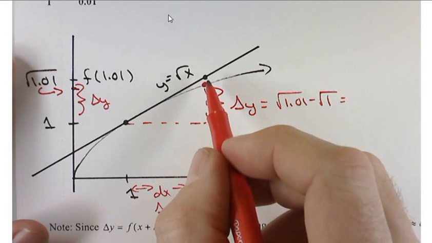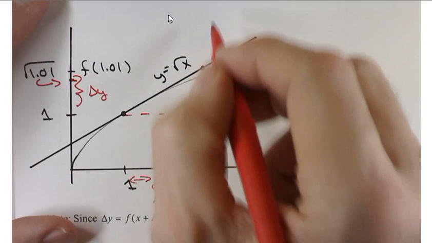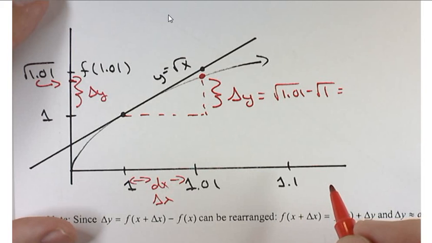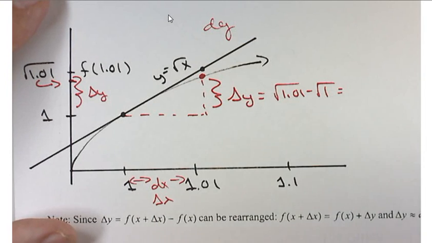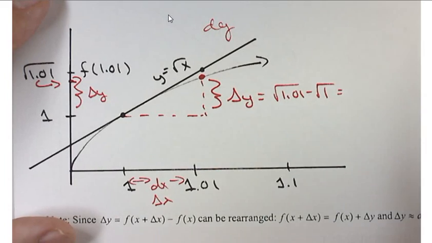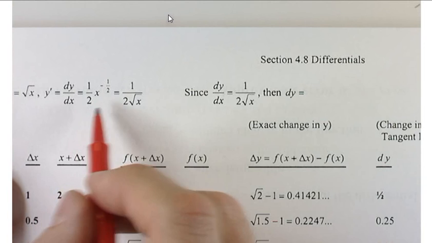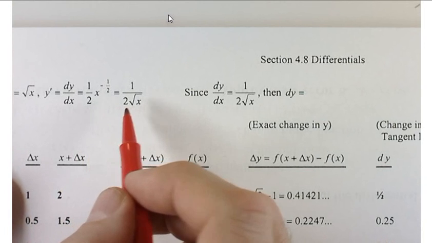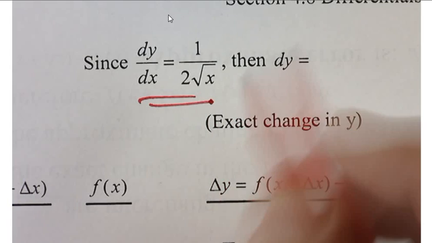Let's see how well the differential does in approximating that. It is our dy term. dy for this problem can be calculated from up above. Here's the derivative. You can rewrite the derivative this way. Here's another repeat of problem number 16. If I've got the derivative, what's dy?